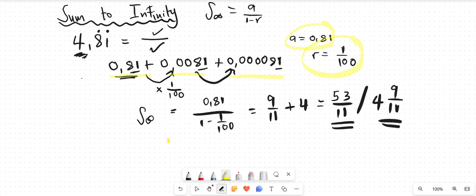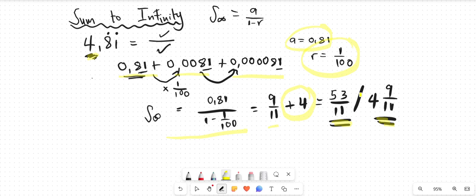Then I used my sum to infinity formula, substituted, got this answer, but came back to add the 4 that was represented by this whole number there. And when I add the 4, I get this final improper fraction, 53 over 11, or 4, 9 over 11 as a mixed number. So that's how you would solve that.